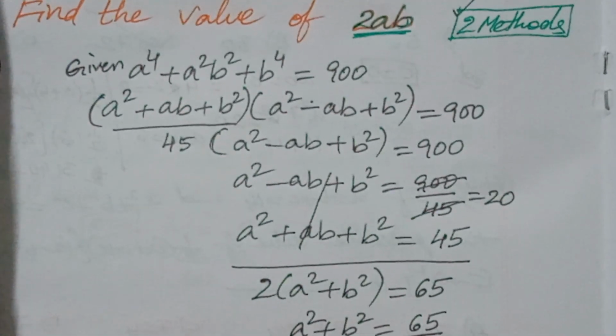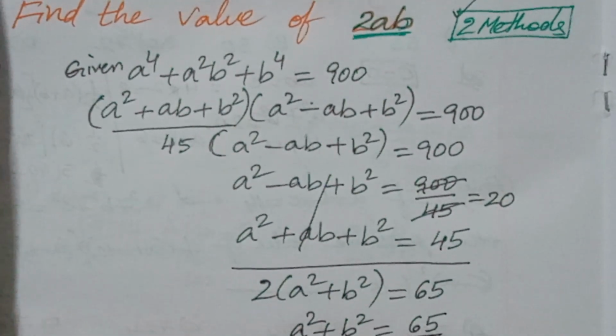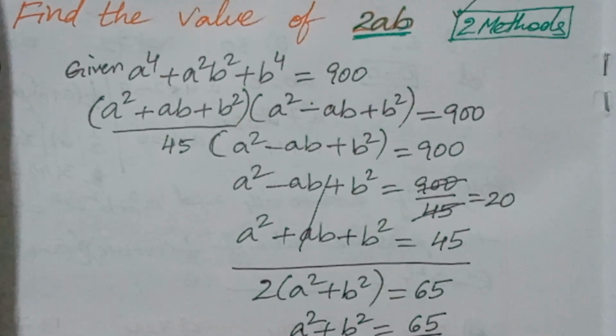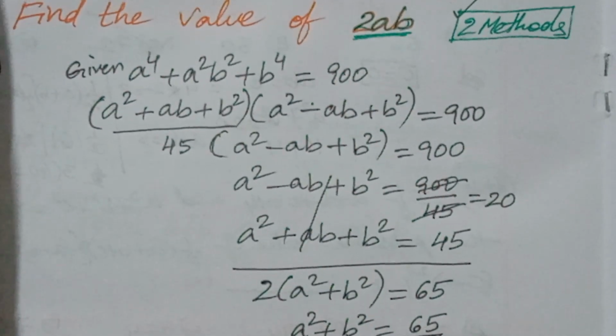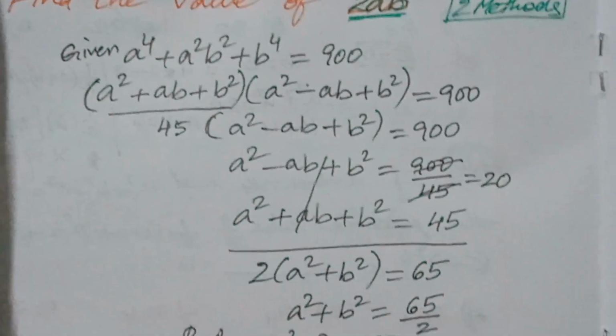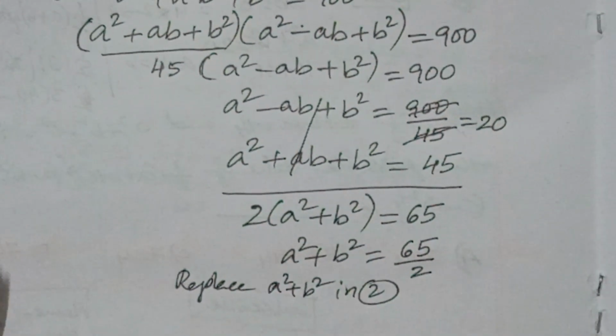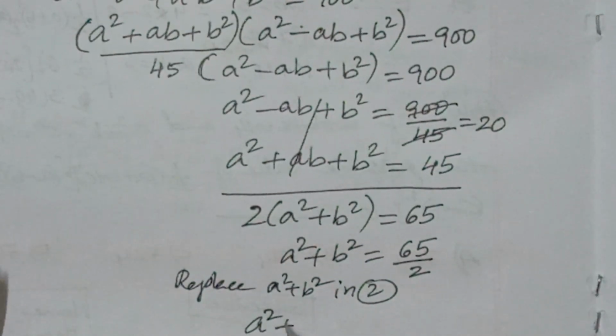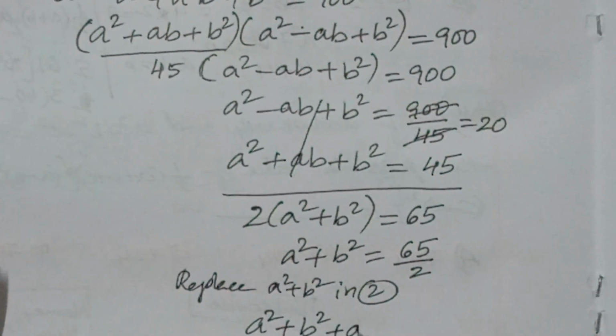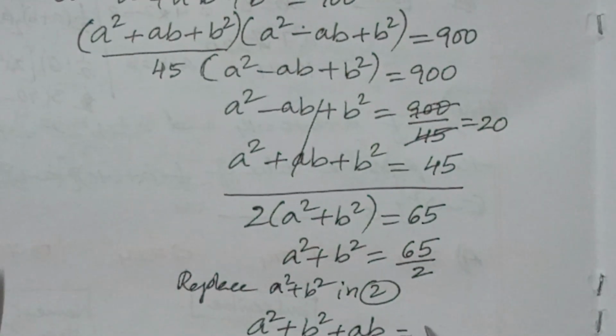Now replace it in the second equation. Replace a square plus b square in the second equation. So here we get a square plus b square plus ab is equal to 45 given.